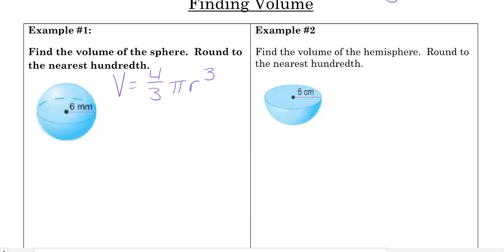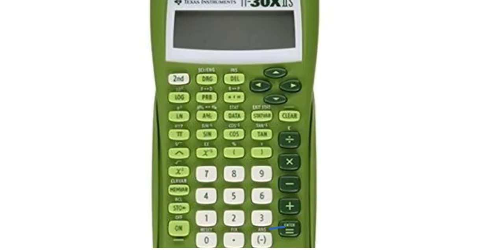Okay, and looking at my diagram here, my picture, I can see that my radius is 6. So volume equals 4/3 times pi times 6 cubed. Okay, and 6 cubed, remember if you need to do 6 cubed, you can either do 6 times 6 times 6, or if you're looking at your calculator, you can type in 6 and then this up caret button right here, and then 3.